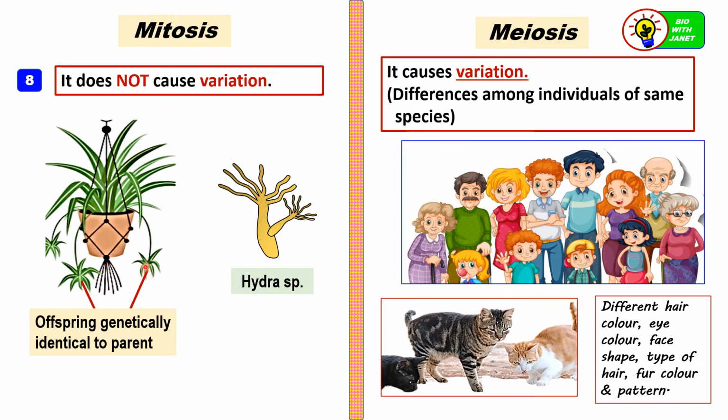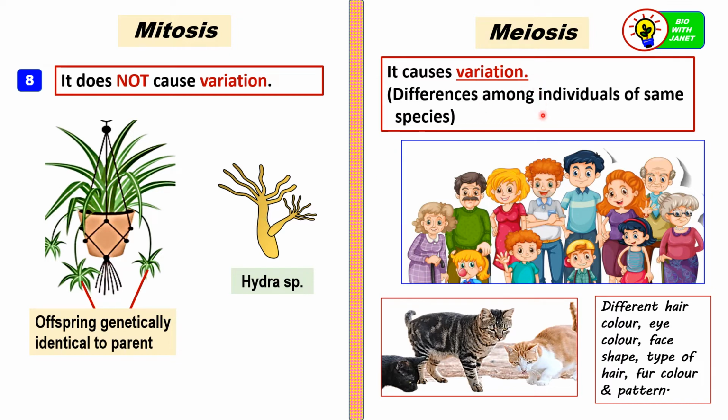So the offspring are exactly like the parent, genetically identical to the parent, because they are produced through mitosis. Same for the Hydra species. The parent and the offspring are genetically identical to each other because the offspring is produced through cell division by mitosis.